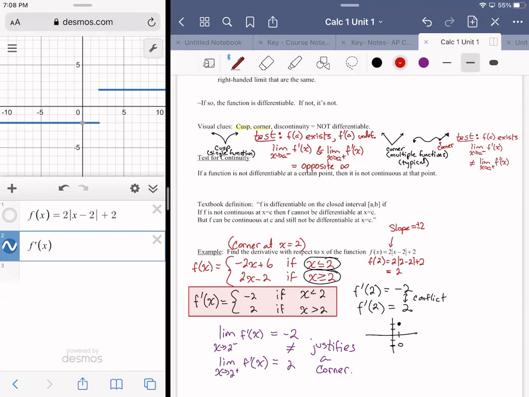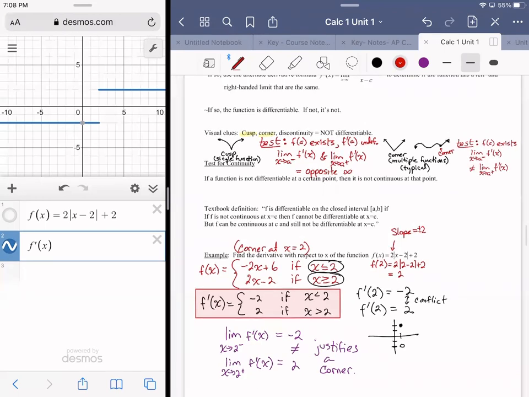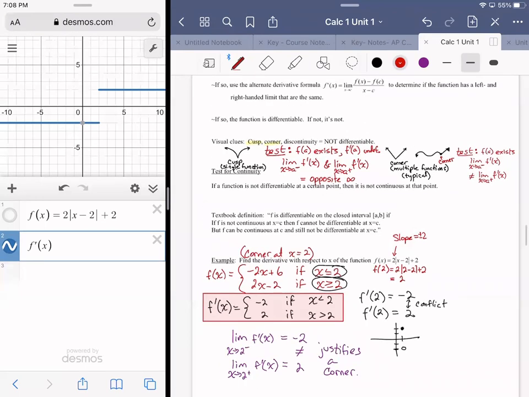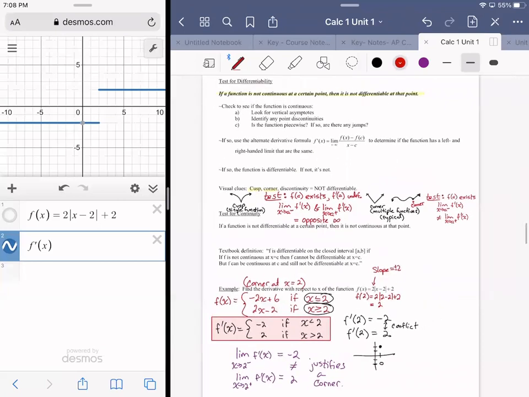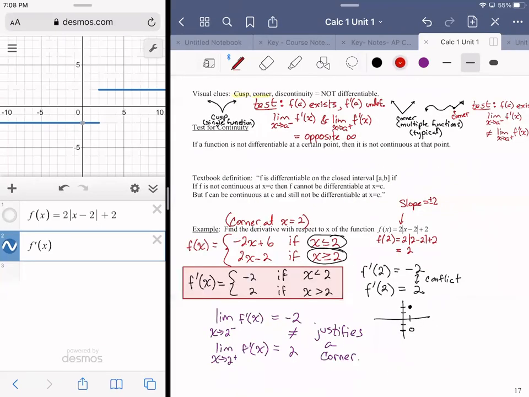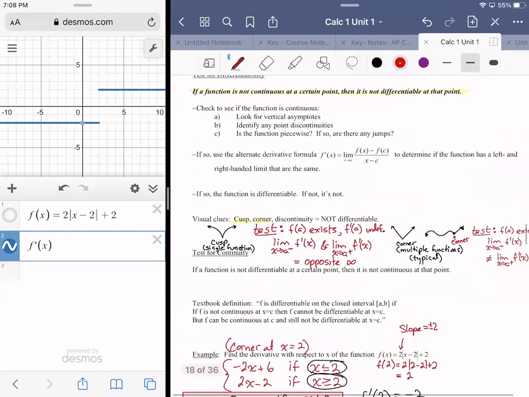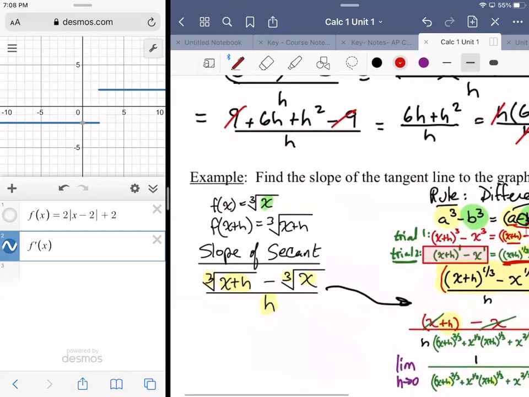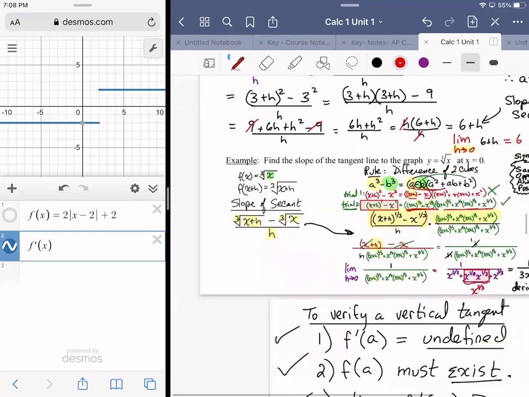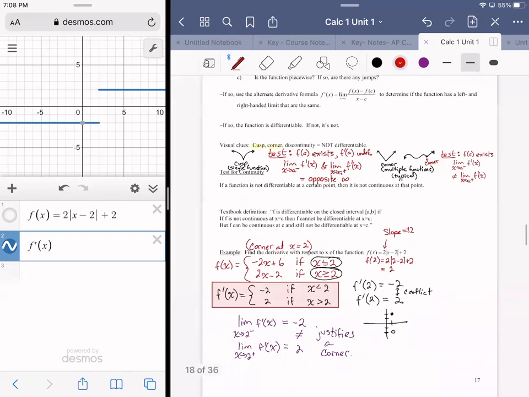All right. So the one example that I haven't talked about yet is the case of the cusp. But let me come back to that because I think I beat you over the head a little too much with the cube root functions. And the best example of a cusp actually involves a cube root function.